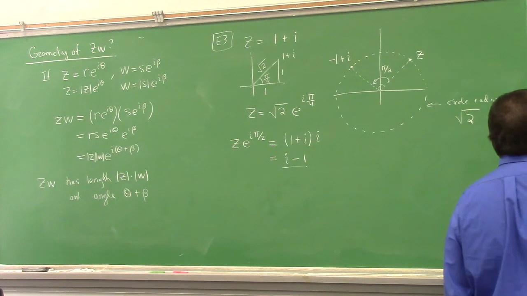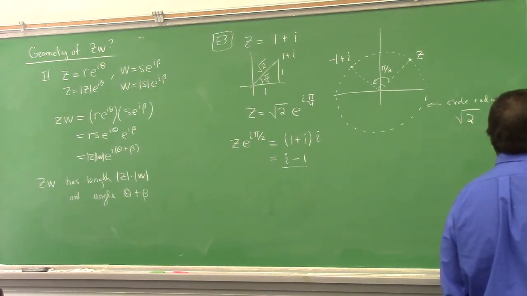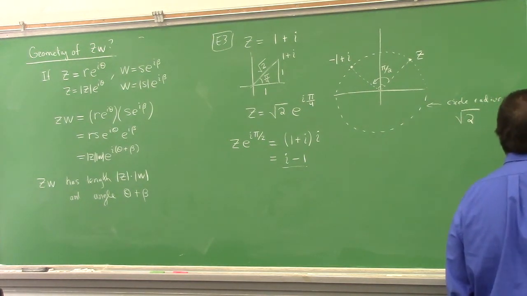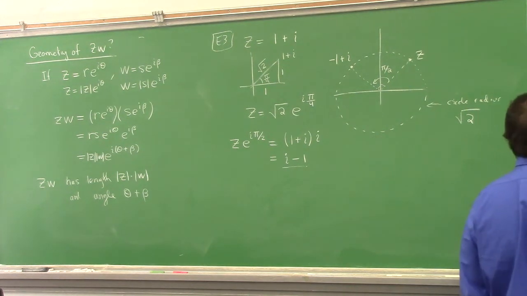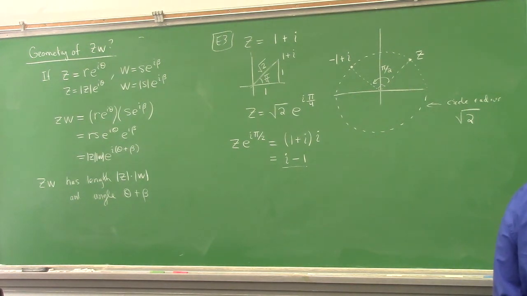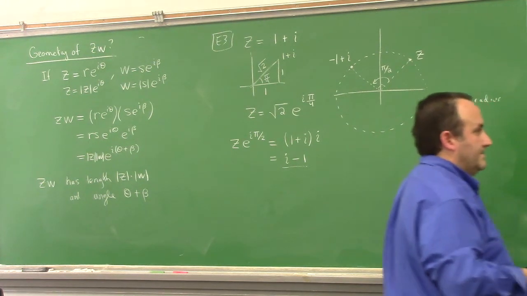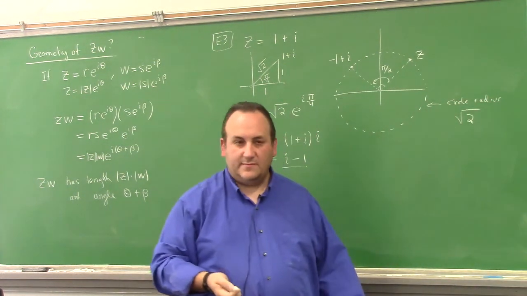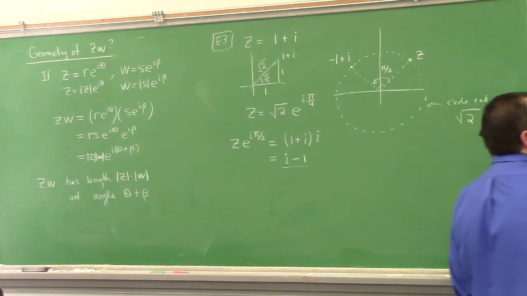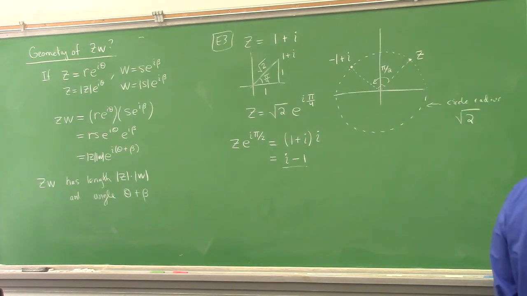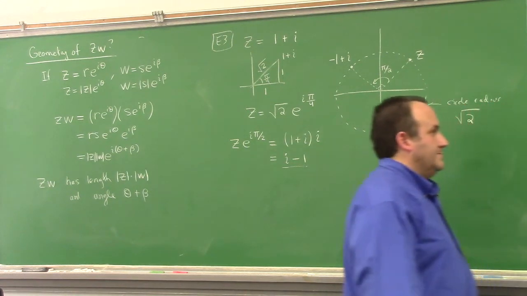In contrast, lowercase arg is equal to arg z plus 2 pi Z. What I mean by that is it is the set theta naught plus 2 pi k such that k is an integer, right?